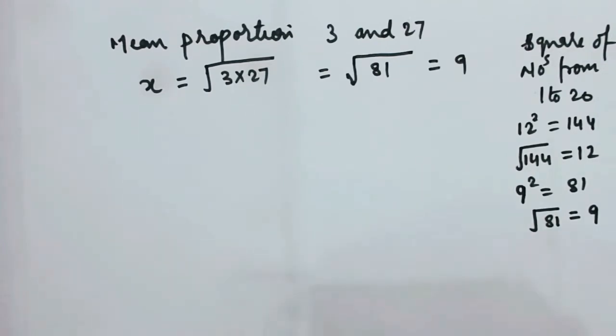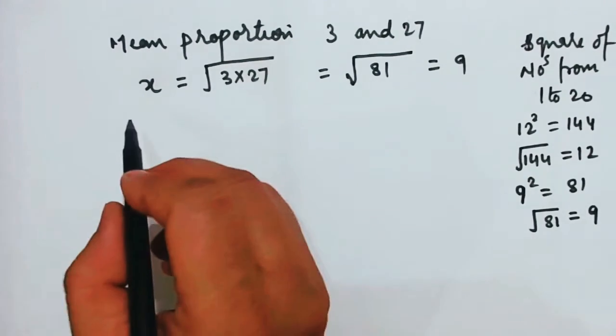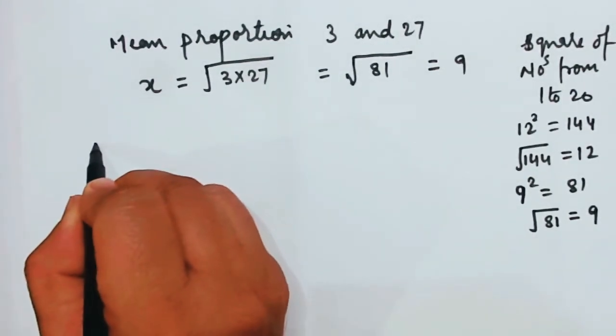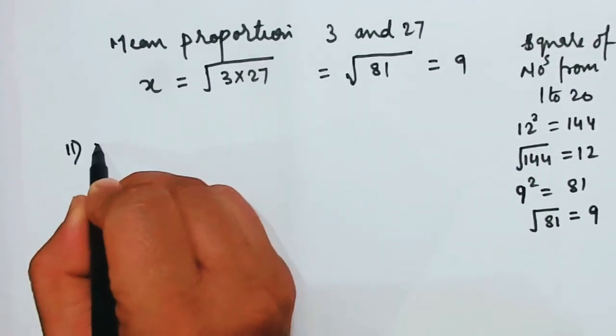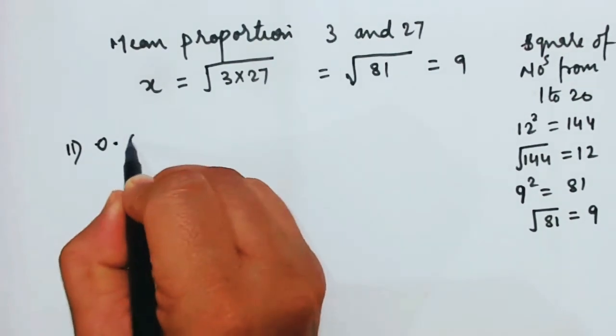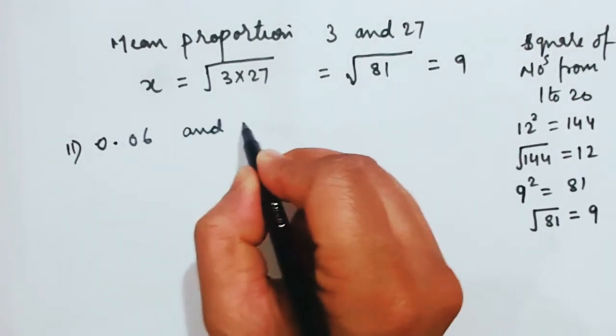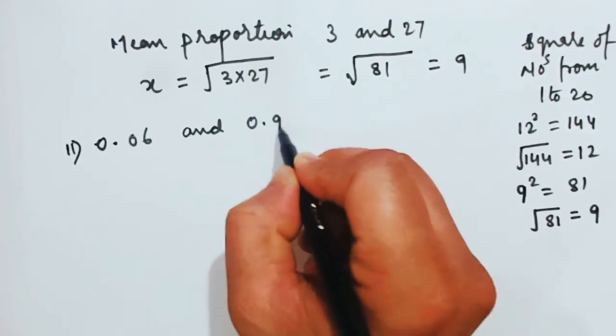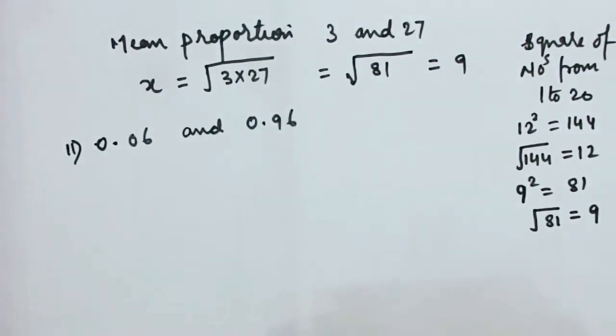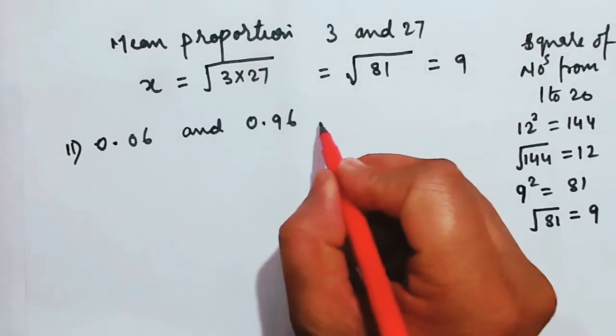Moving on to some more numbers, like 0.06, this is the second part. 0.06 and 0.96. You have been asked to find out the mean proportion.